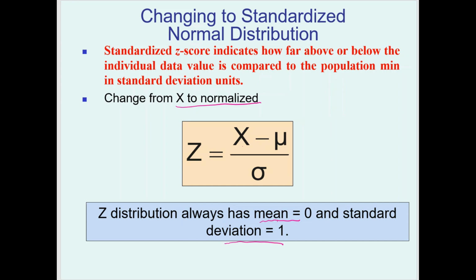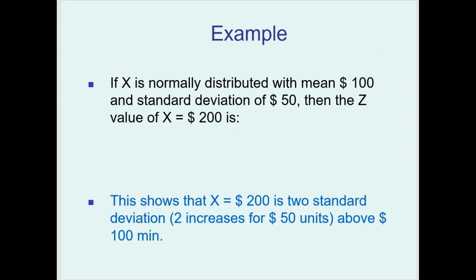Okay, so the example that I want to show here is on how you convert to the standardized normal distribution. So we look at this example. If X is normally distributed with mean 100, okay, so you know that this is the mean, which is the mu, and standard deviation, you know that this is the symbol, of 50 ringgit.